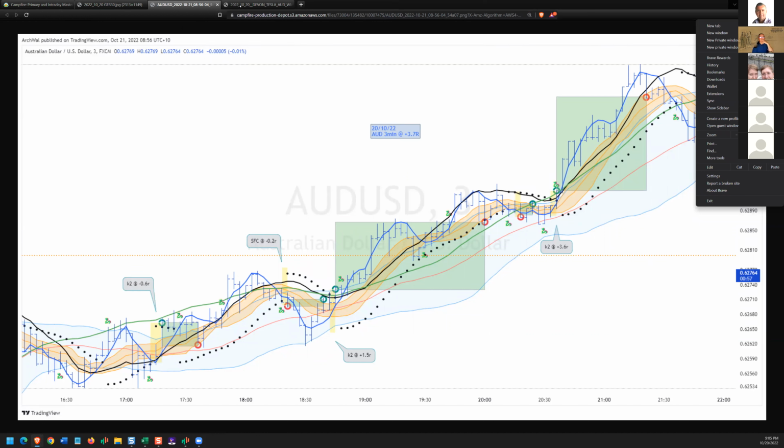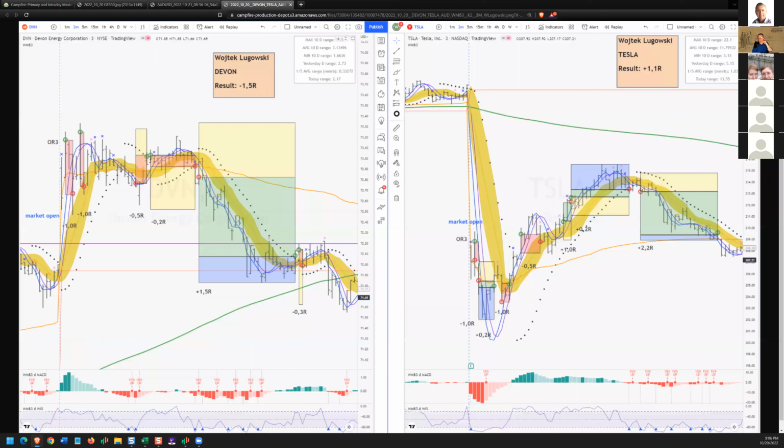Devon Energy and Tesla for Woj. This one minus 1.5 because he's chopping around here, but keeps firing. Keeps firing here for 1.1.